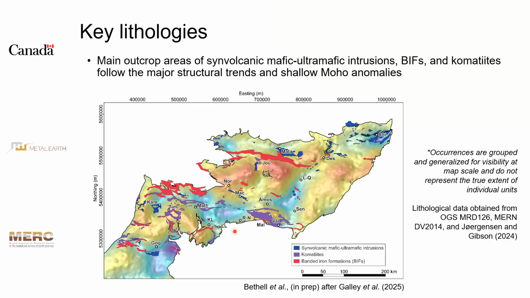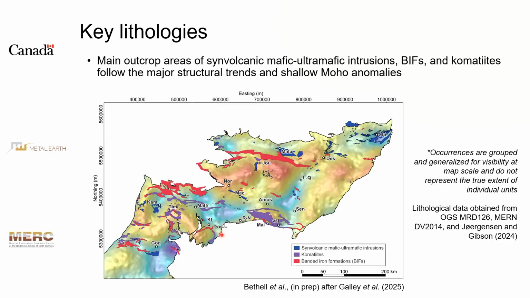For banded iron formations, and I'll go into more detail in the next slide, we see them associated with the edges of the anomalies. And for komatiites, there are some areas where they're mainly associated with the southern volcanic zone, but seem to be in the same areas as the banded iron formations.